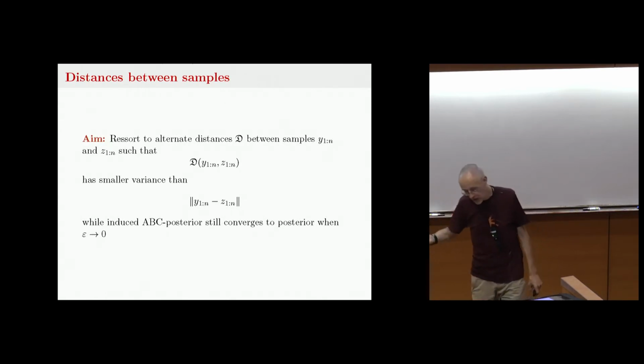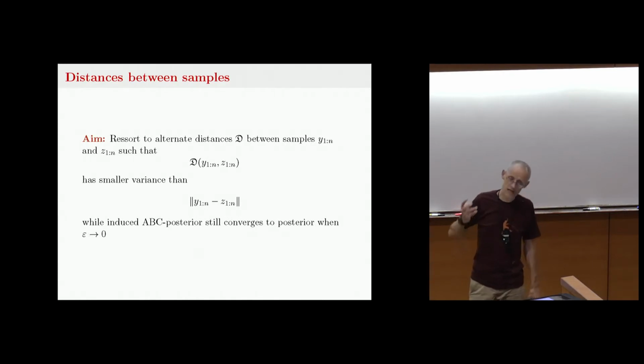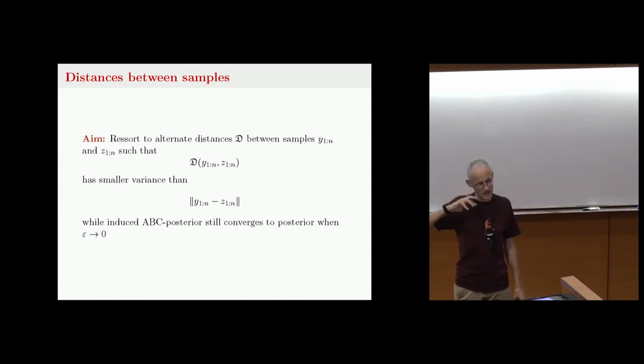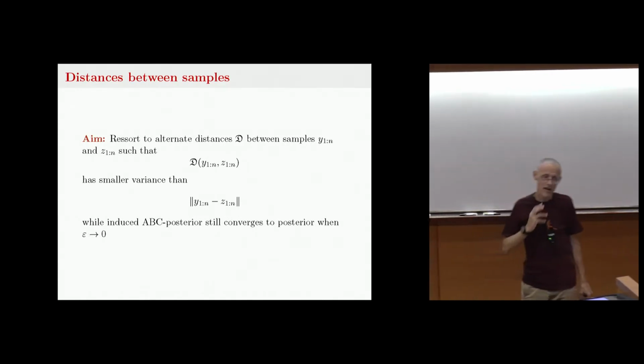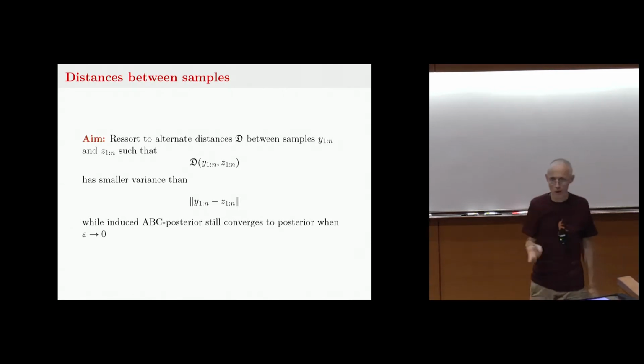And so one maybe paradoxical entry is to suggest that we could get rid of the summary statistics and look directly at the difference between the simulated sample and the observed sample.